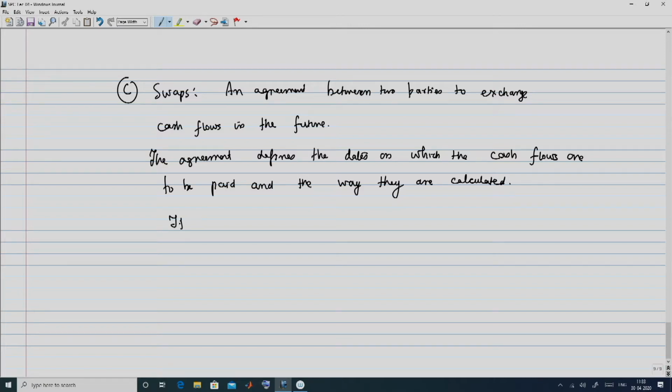So, typically swaps are used in case of interest rate. So, let me explain what I mean by exchange of future cash flows. Suppose you decide to take a home loan and you know that the home loan has a floating interest rate.